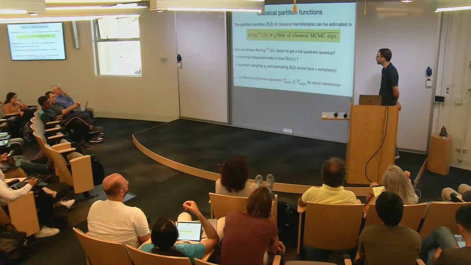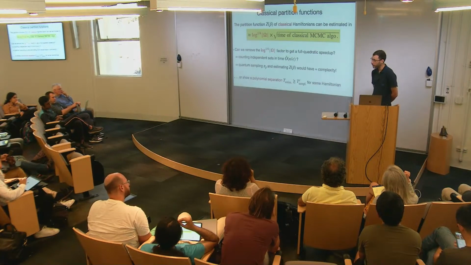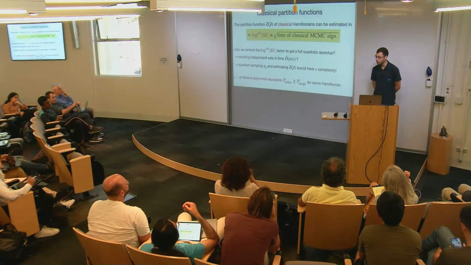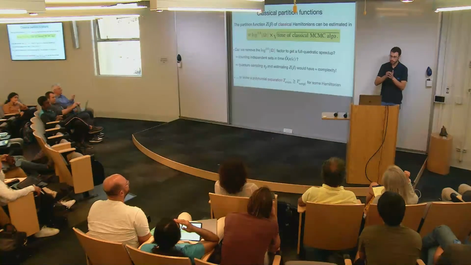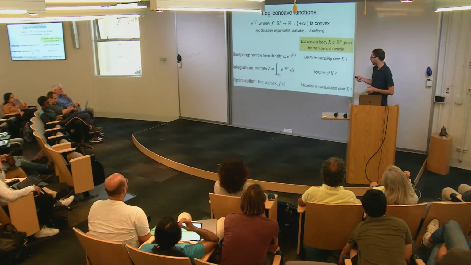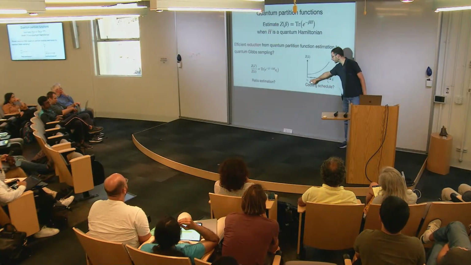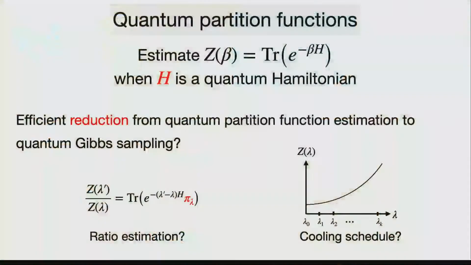I would say the main reason is because we don't really have a full quadratic speedup for the length of the sequence. Let me take the picture. You remember you have this picture of intermediate parameters that you have to interpolate to arrive at the last value.